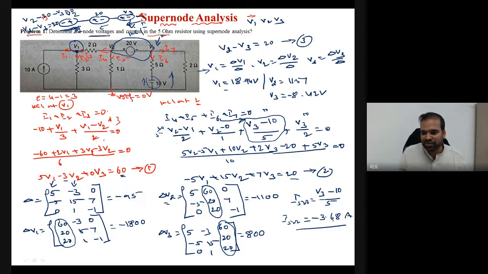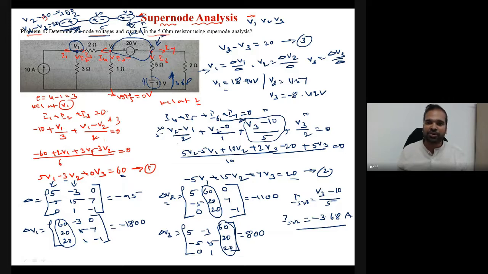Due to that, you get minus 3.68. It means the assumed current direction is opposite to the actual current direction from this voltage source. That is the difference between plus 3.68 and minus 3.68. The current actually flowing is 3.68 in this direction, but you have assumed the opposite direction.